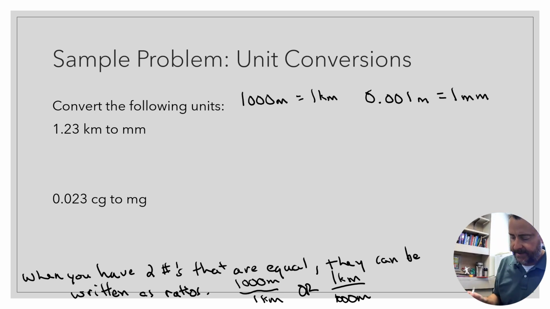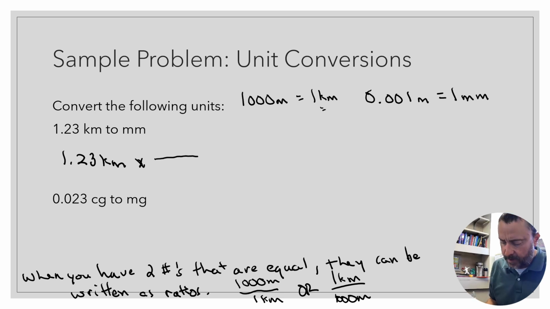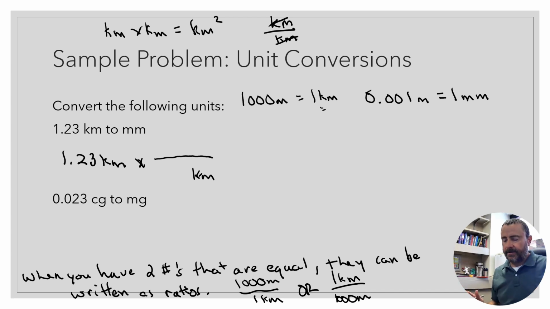Let's start with that 1.23 kilometers. Now I have kilometers in one place here, so I want to get rid of kilometers. The way that I get rid of units is by dividing them. If I took kilometers times kilometers, that would be kilometers squared. But kilometers divided by kilometers, they cancel each other out.